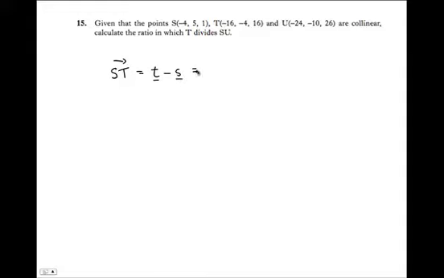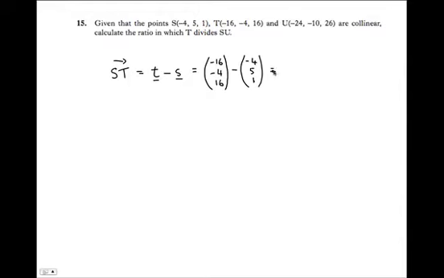We know the position vector of T. It's the same components as the coordinates of the point. So it's minus 16, minus 4, 16. So that's position vector of T minus position vector of S, minus 4, 5, 1. That'll be the components of S.